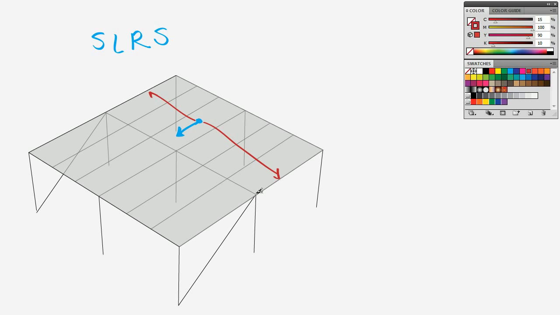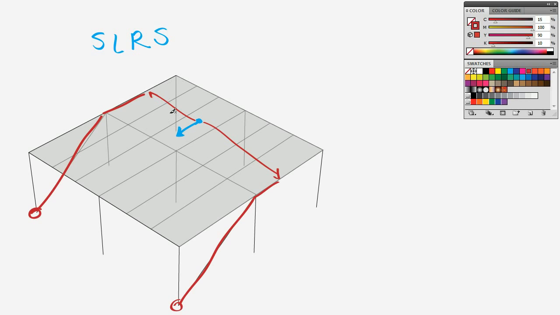And the reason the load wants to go out there is because those are the lines that have some sort of element that has lateral stiffness. Then from these lines we go through the beam, down the brace into the foundation right here, and over here through the beam, down the brace, and into the foundation right here.